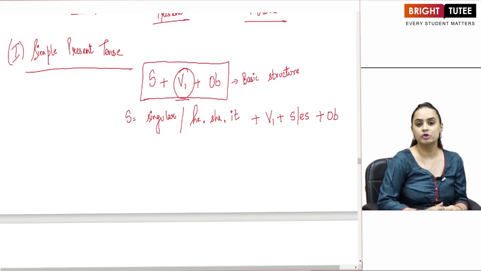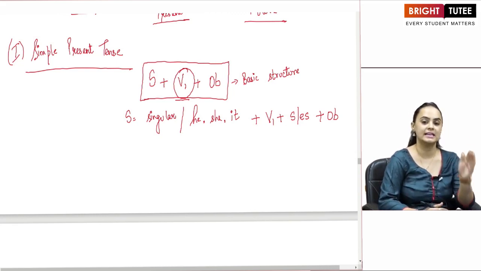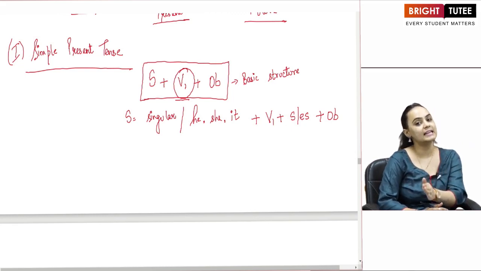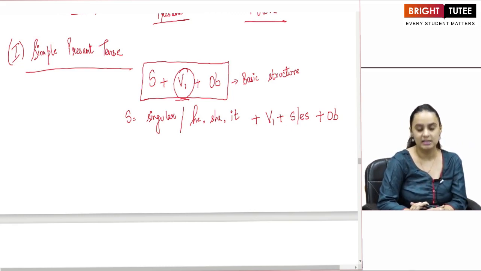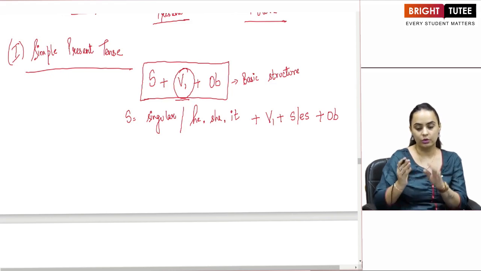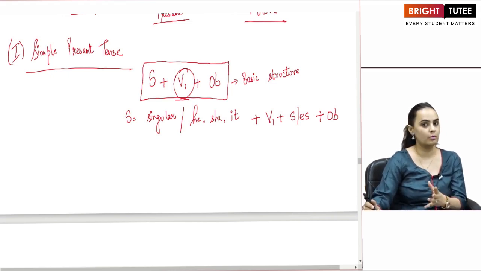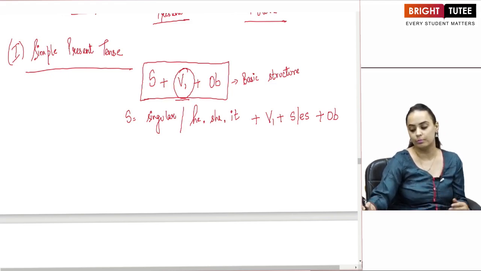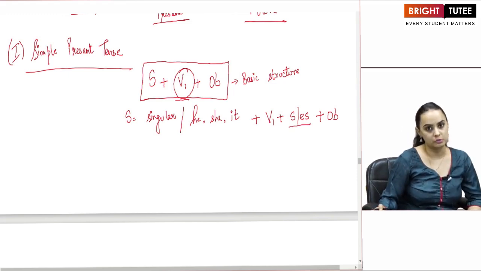If your subject is singular, or if you are using pronouns such as he, she and it as your subject, in that case, the first form of the verb will be followed by s or es, plus the object.